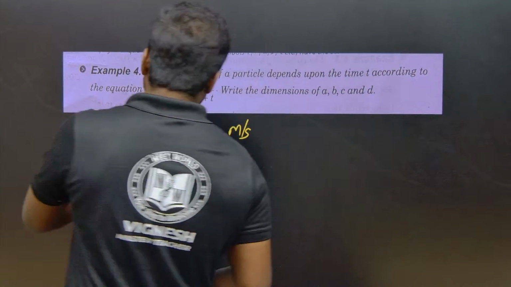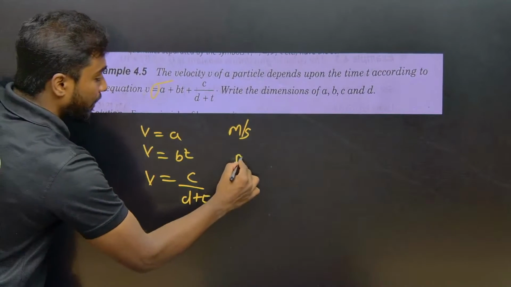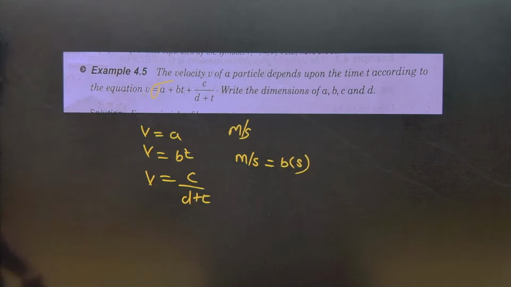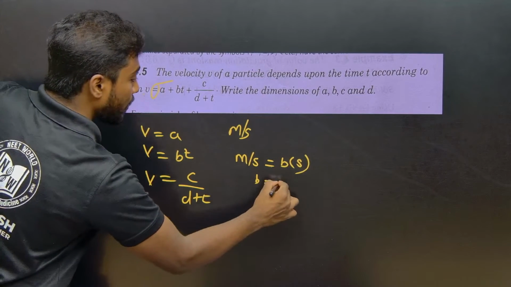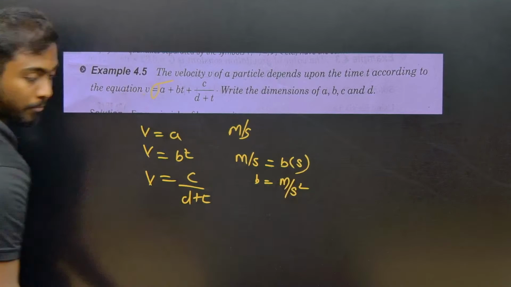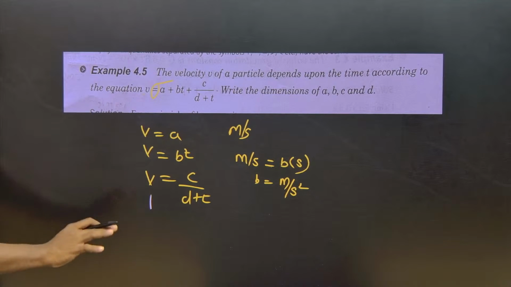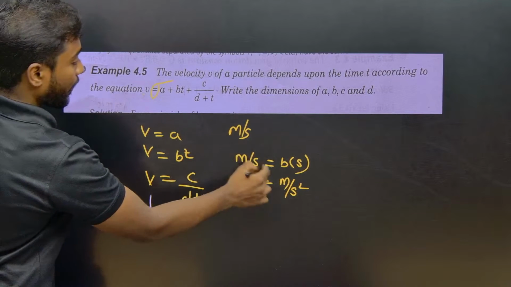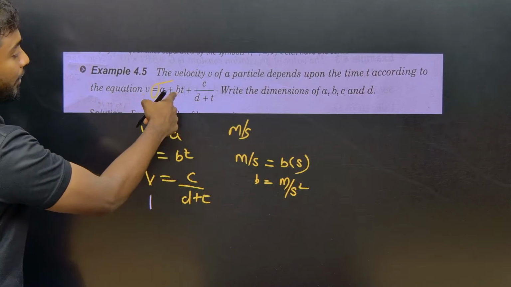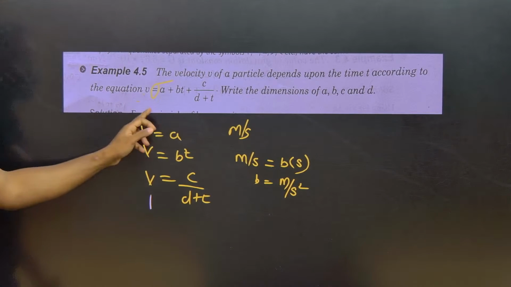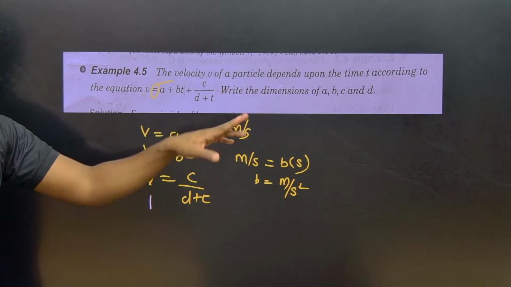Similarly, meter per second equals b into second, since time is seconds, so b is meter per second square. Similarly I can find for c/(d + t). Meter per second square multiplied by second gives meter per second. So I get meter per second, meter per second, meter per second.